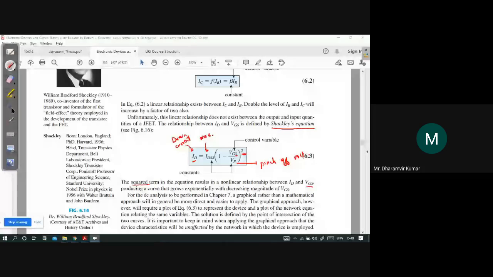So the equation is important. Note down this equation: ID is equal to IDSS into 1 minus VGS by VP, whole square. From this equation, we can analyze that IDSS is a constant, and ID depends on two factors, VGS and VP.